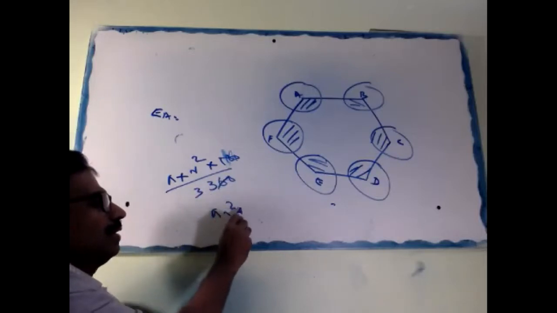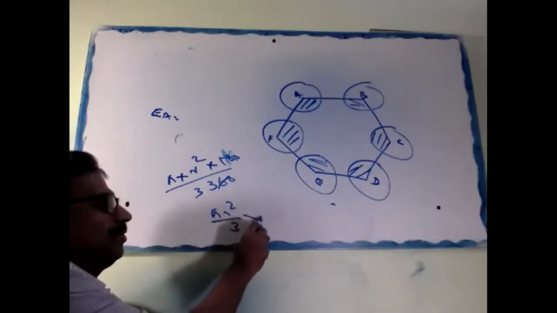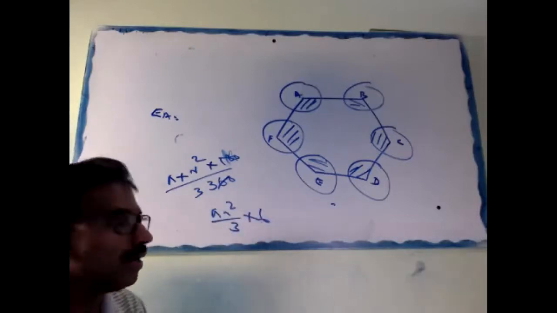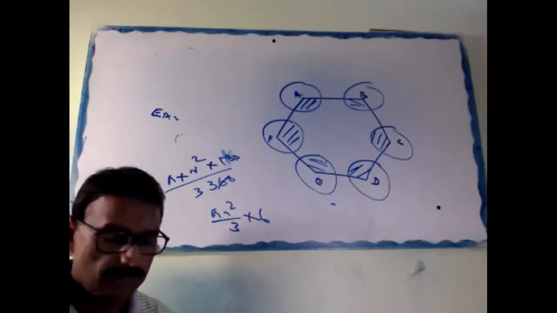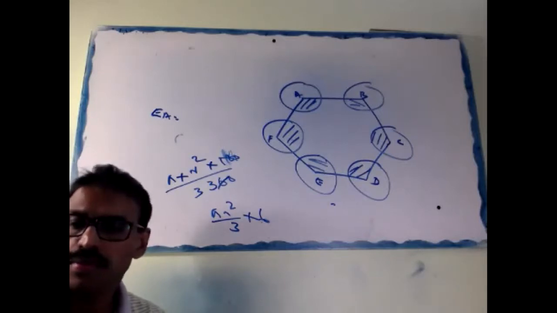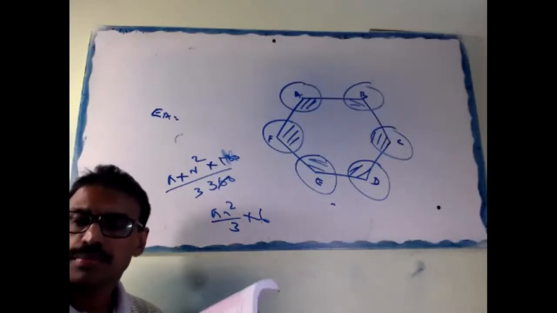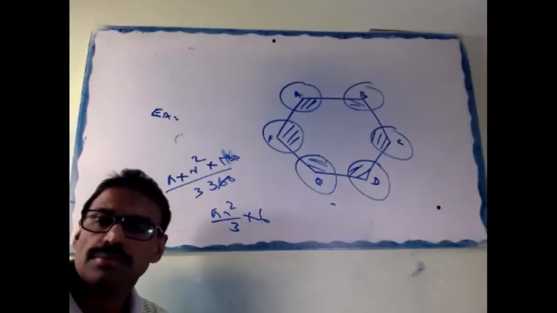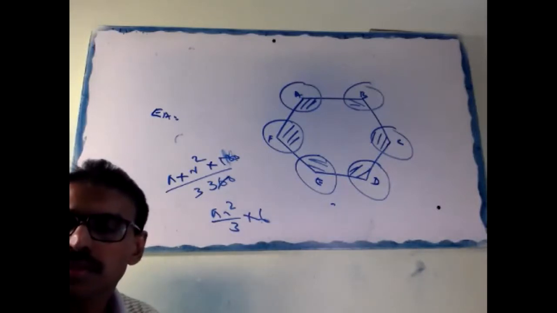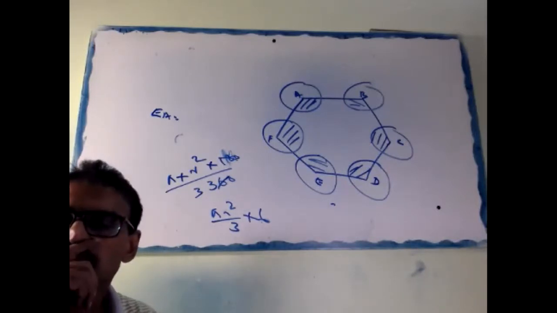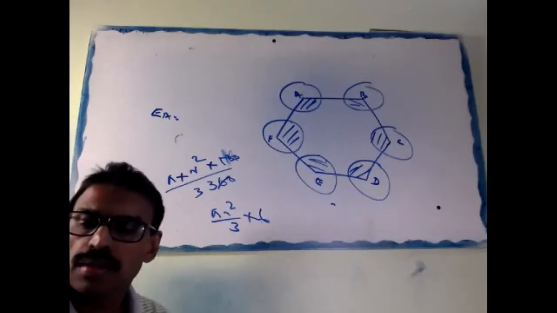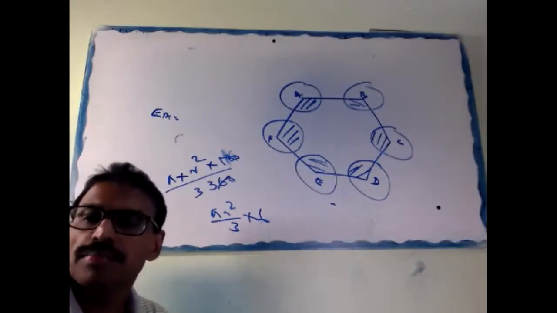Pi r square by 3 into 6 because 6 sectors. So answer what? 2 pi r square. Okay now? Arjun, are you getting or not? Gauri, it's okay?